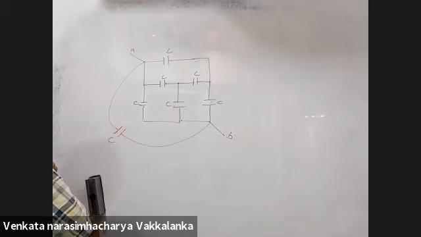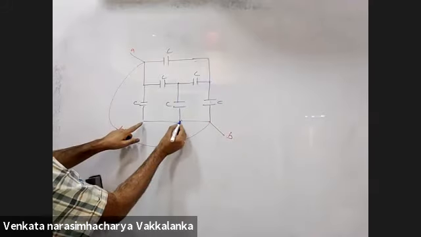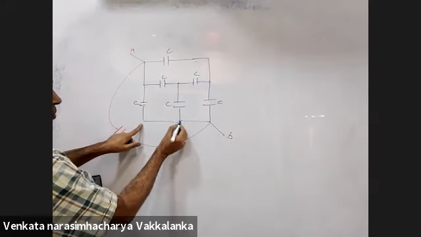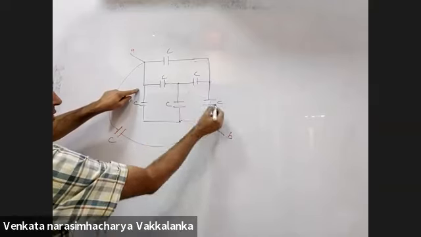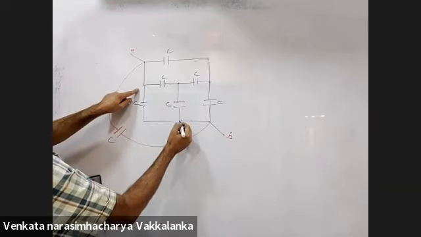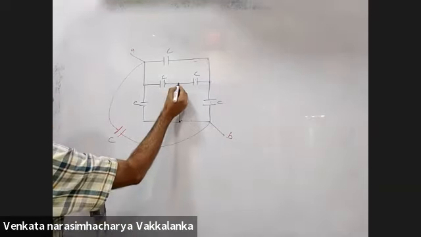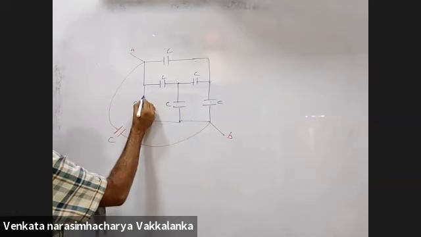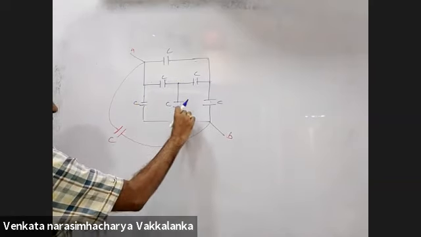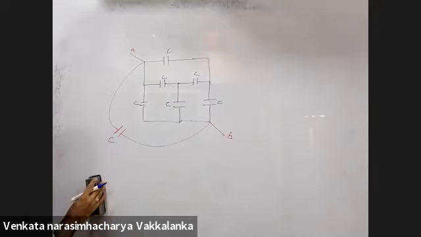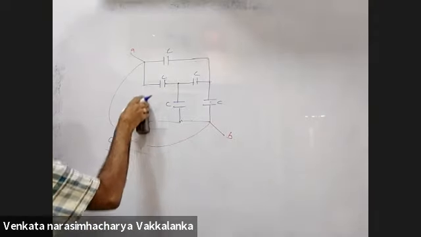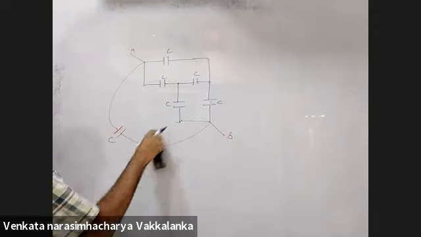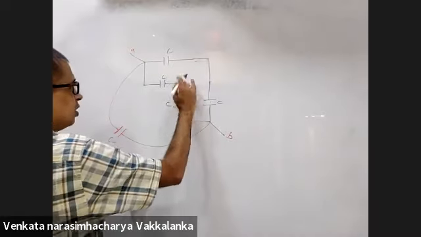Okay, sir. Understood. Right, this point, this by this is equal to this by this. This is not the connecting point in between them. It should come between these two. When you do this by this, this terminal should come here. Got it, sir. There is no other alternative for this.